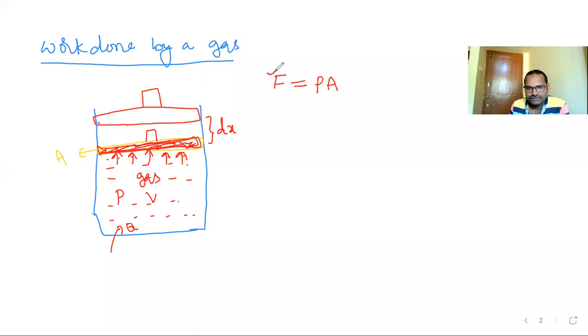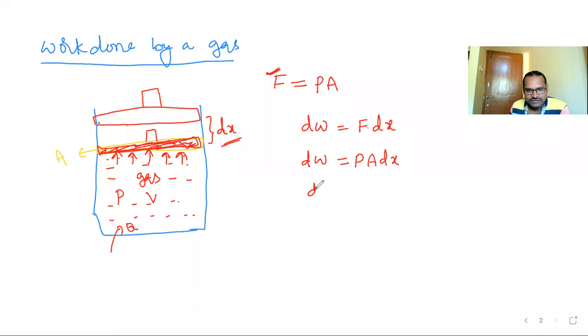Now this force, that is the force due to the pressure, is moving the piston by a distance dx. So due to that small displacement of the piston, a small amount of work is done on the piston by the gas. That is force into displacement. This small amount of work done can be written as force, that is the pressure due to the gas and area of cross section of the piston, into dx.